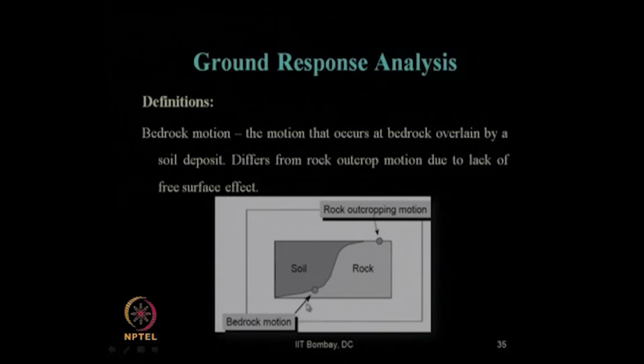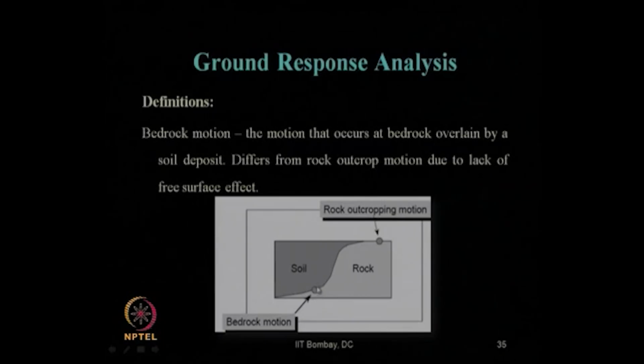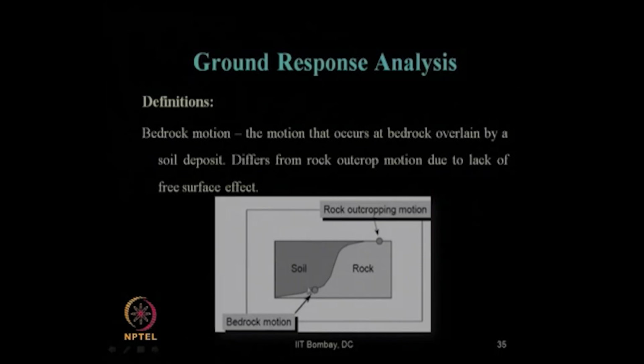What does it mean? The ground motion or the earthquake motion which is occurring at this level, at the interface of the rock and soil, is called bedrock motion, because this rock is not exposed to the ground surface. It is underlain below a soil deposit, right.